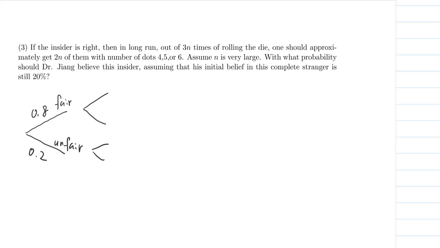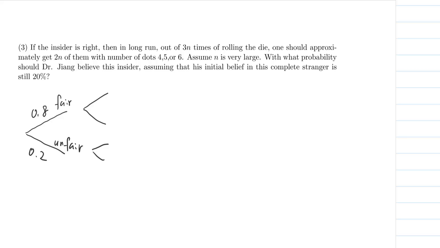So what it means is that Bayes updating should somehow make it possible for Dr. Jiang to believe eventually with almost a probability 1 that this die is unfair with this 2-to-1 ratio of getting bigger numbers. So we're going to try to see if that's possible.